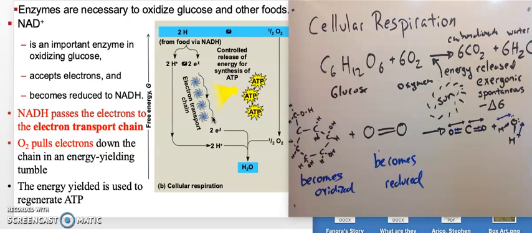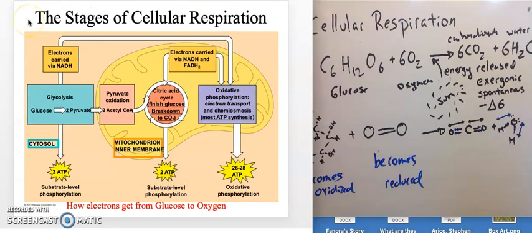So we have to have oxygen present at the end of the chain so that electrons have somewhere to go. Overall, cellular respiration is a series of chemical reactions that transfer electrons from glucose to oxygen, and with each step give up a little bit of energy that can be harvested by our cells.